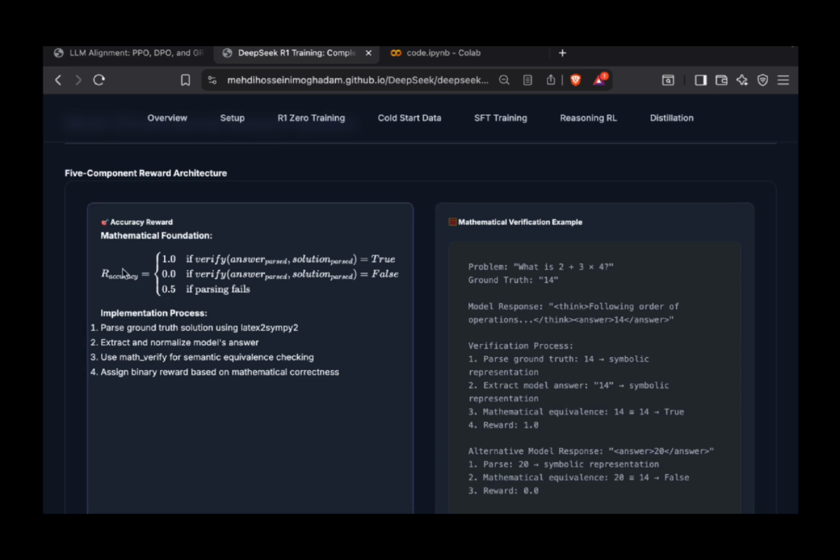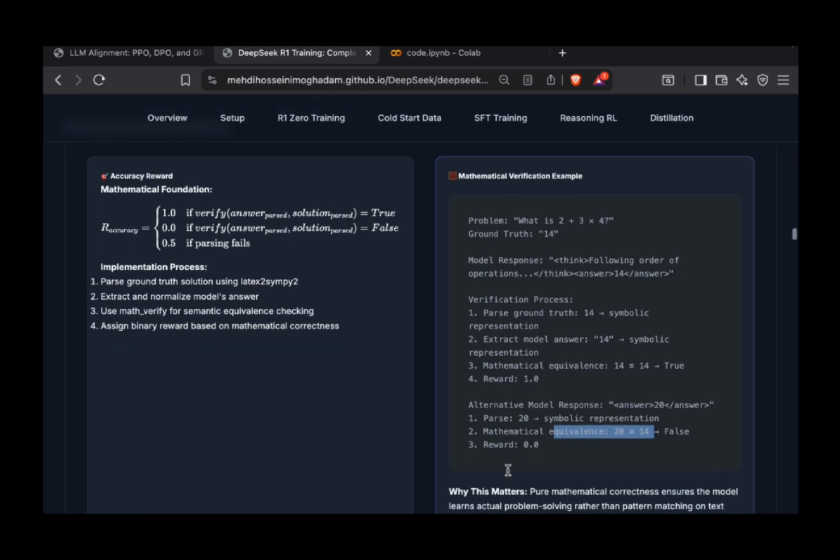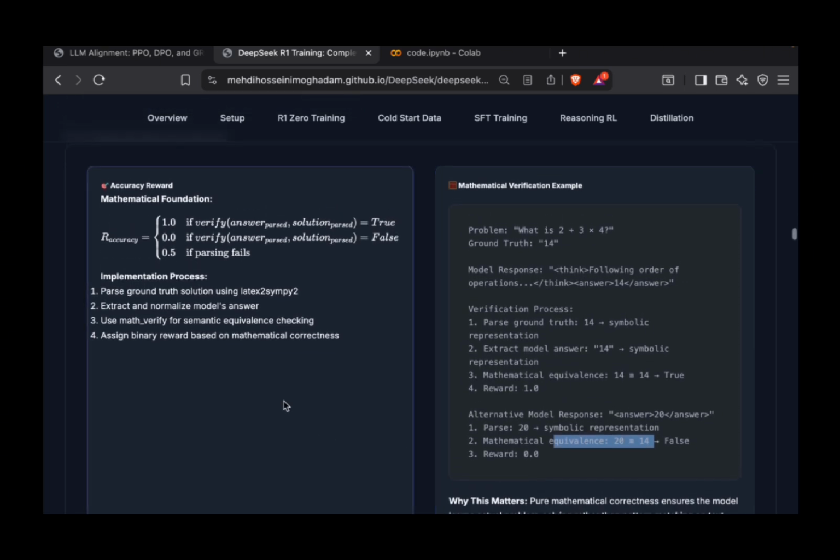So it is true, as we saw here, and we will give a reward of 1. Or if the model response was, for example, 20, the symbolic representation is again 20, and the ground truth was 14, when we parse them, they are not equal, so the reward would be 0. So this is one reward function to make sure that the answer provided is correct.